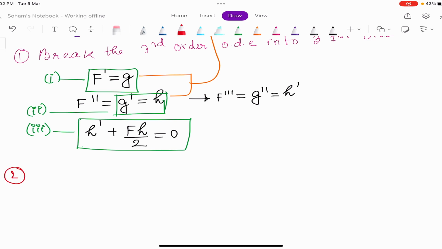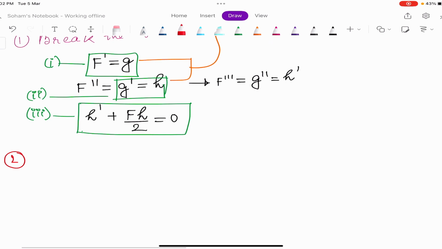So how can I solve this numerically? If you have studied CFD, or you don't even have to study CFD for this, as a mechanical engineer, at least in the second year of BTech, you must have studied numerical methods.